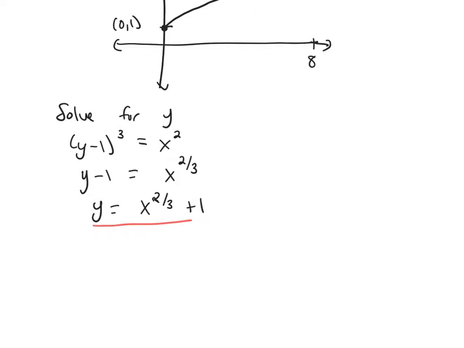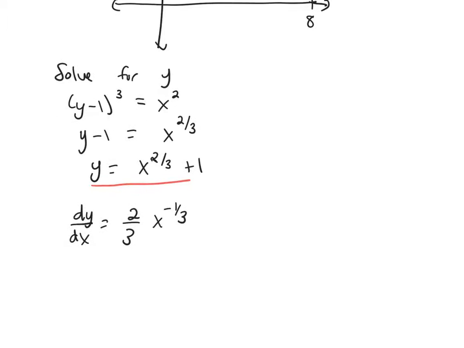And now I need the derivative of this equation, because I need it for my formula. It's 2/3 x to the negative 1/3. And now we've got a little bit of a problem.